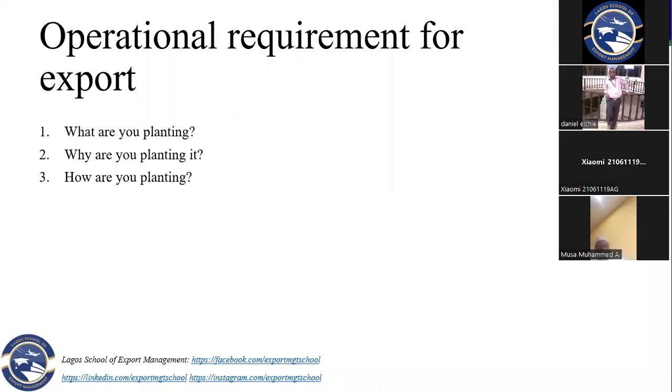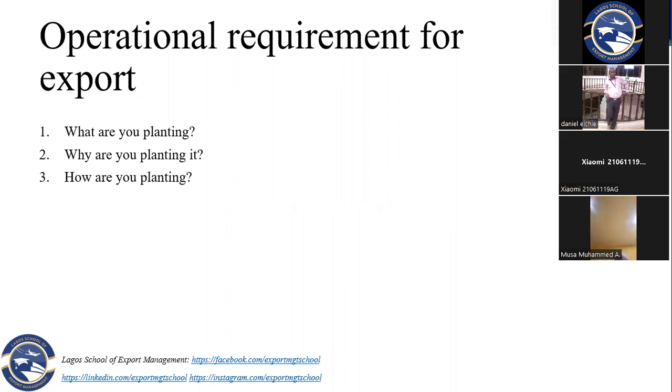So the way you plant, or the things that you use while spraying, while making sure that the crop grows well, matters a lot. It could affect the produce, it could affect the harvest.